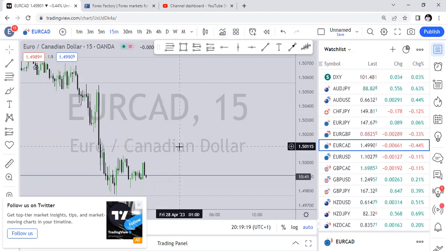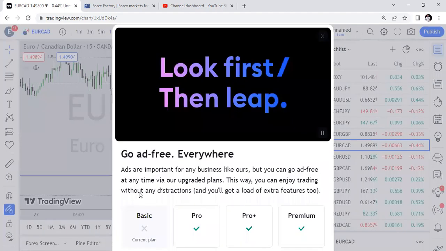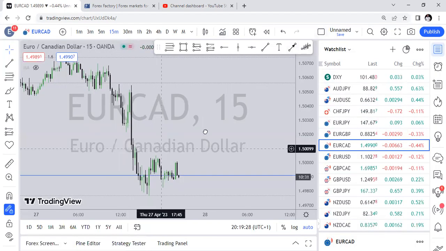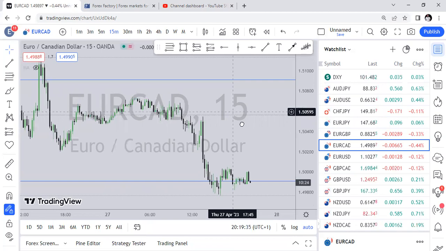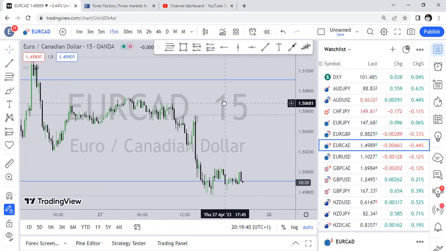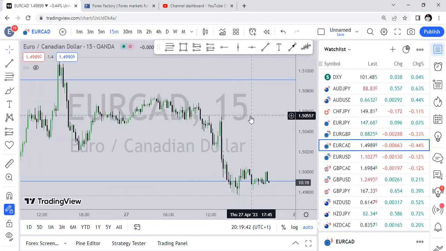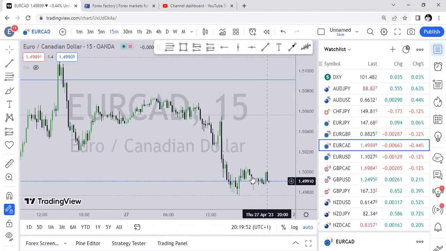Now, for example, let's say we wanted to frame an idea on the currency pair that we are looking at now. We want to know if we are going to buy or sell. We are currently on the 15 minutes time frame, and we can see that the market is coming down.